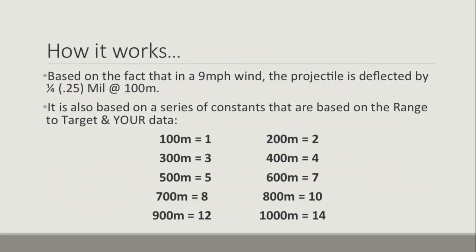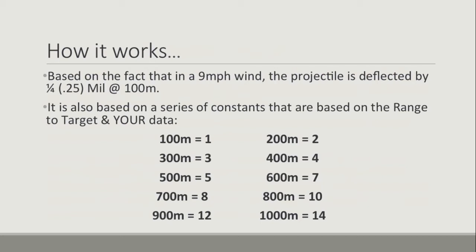So how it works: the rule of 9's formula was developed for military .308, 7.62 sniper ammunition, and it's based on the fact that in a 9 mile an hour full value wind, that projectile is deflected by 1/4 of a mil, or 0.25 of a mil, at a distance of 100 meters.